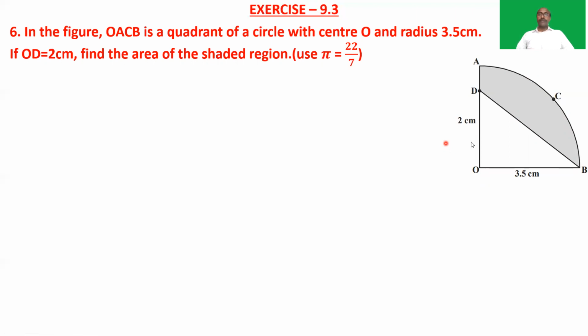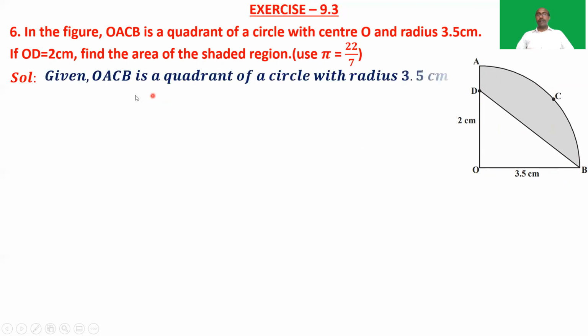So here the area of the sector OACB is 1 by 4 into pi r square, and the area of the triangle is half into base into height. So we can easily find the area of the shaded region.